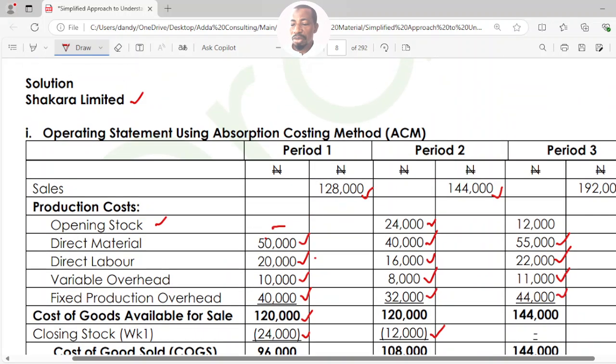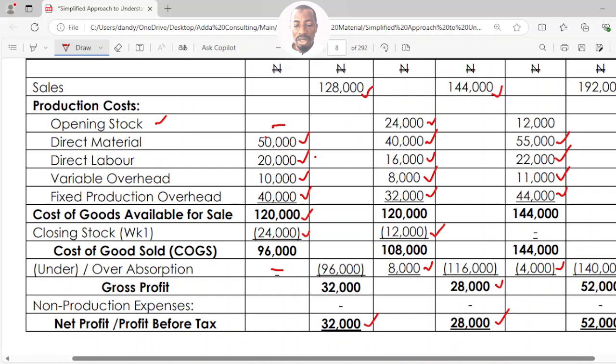We then go to the third period. In the third period, the closing stock in the second period of 12,000 will become opening stock. Add everything together, we get 144,000. In the third period, we have under absorbed overhead of 4,000.